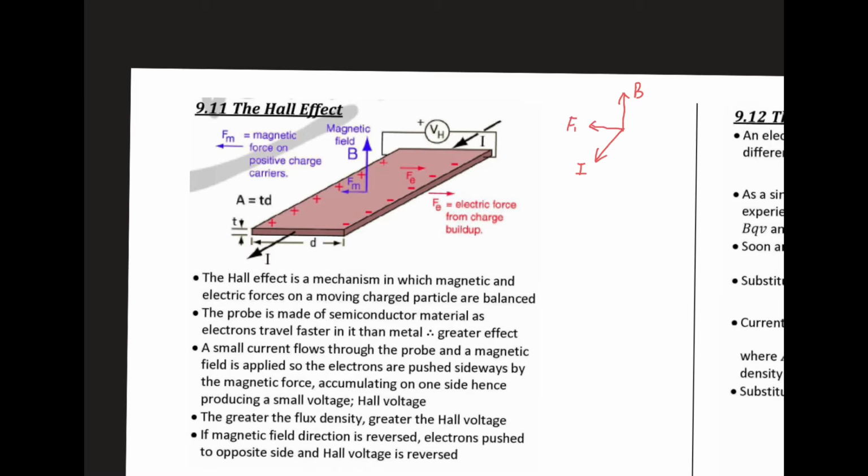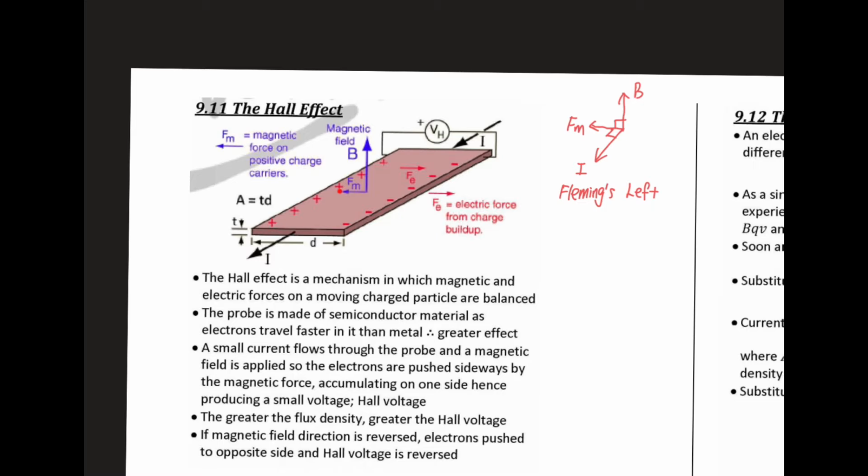This is called magnetic force, perpendicular to each other. This is Fleming's left hand rule. So the magnetic force is to the left. That's why, if you see the picture here, the magnetic force is to the left.